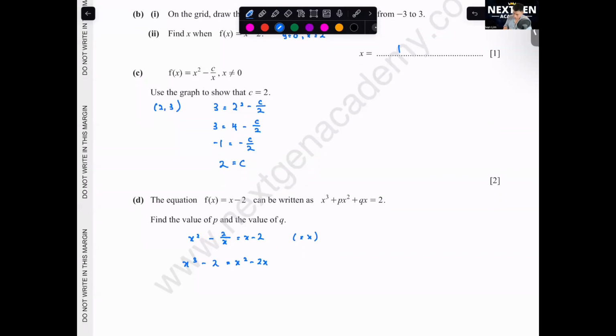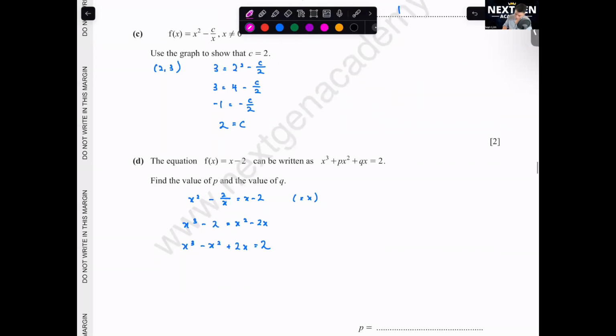We rearrange it: x cubed minus x squared plus 2x. Then we bring the 2 to the right hand side, equals 2. We compare this with the above one, x cubed plus px squared plus qx equals 2.